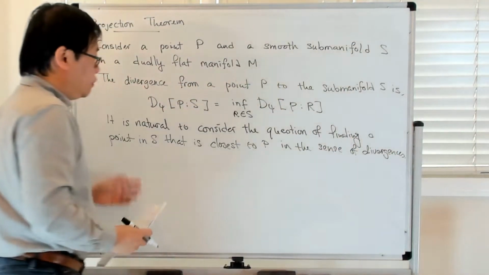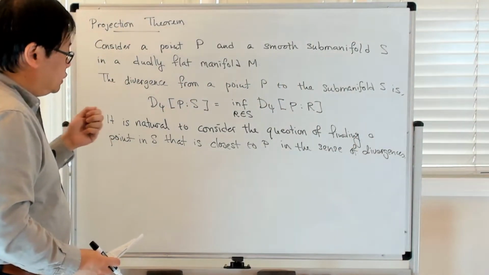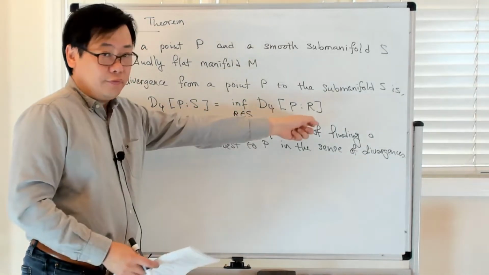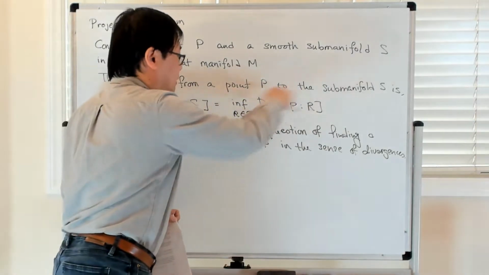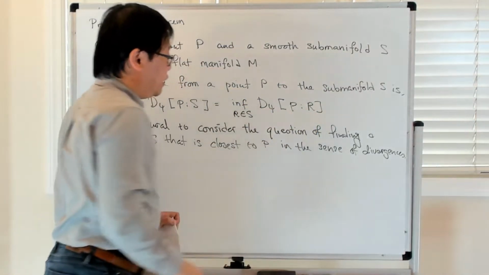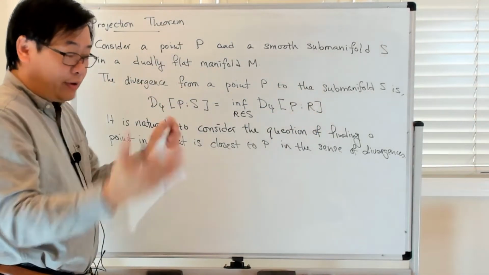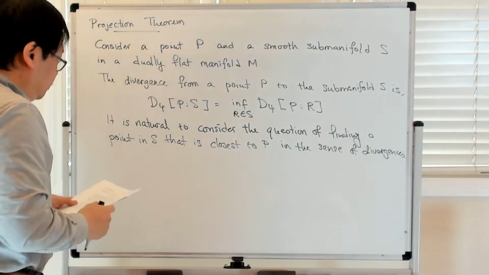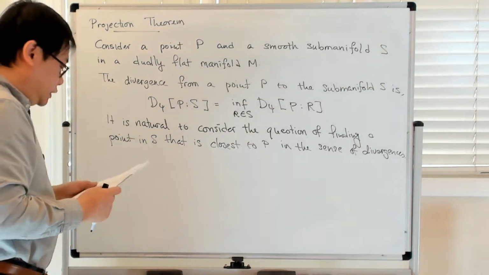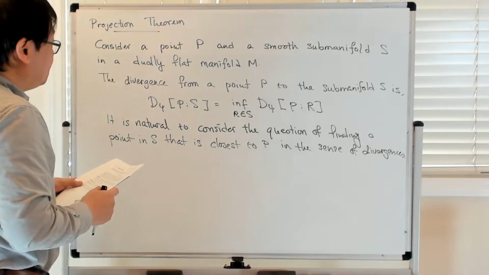Okay, so put another way, what you're trying to do is to find the arg infimum of this thing, right? You want to find the R which minimizes this divergence between P and R, where R is allowed to vary over all the points on the set S. Okay. So this is again a very, very natural question.